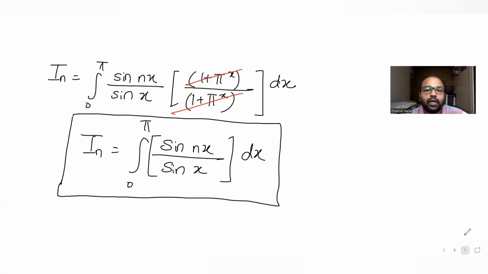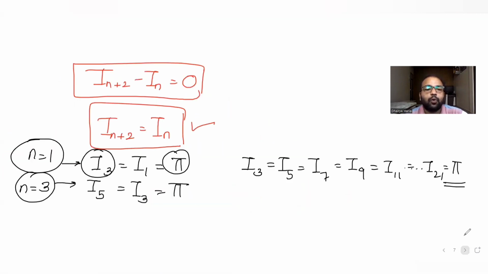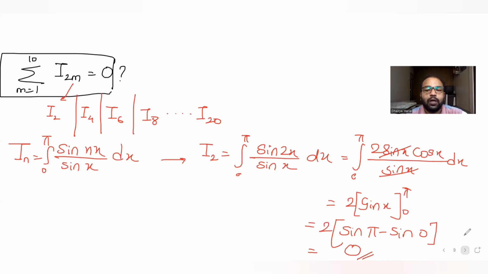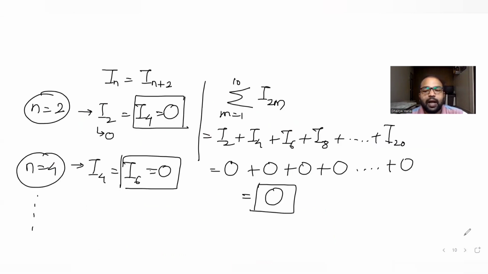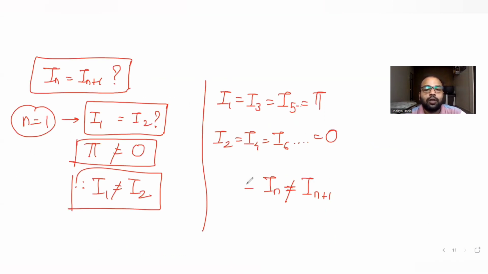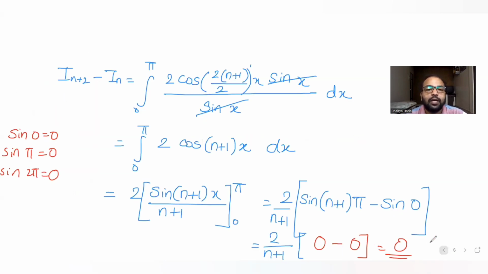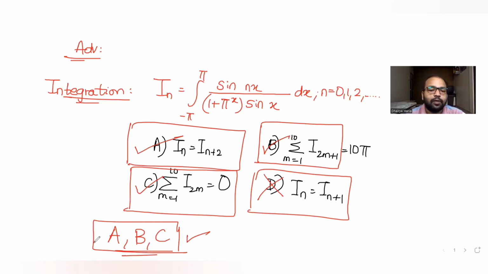That gives you the answer. And then you check the options one by one. So you got A, B, and C correct, and D is not correct. So these are the three correct answers.